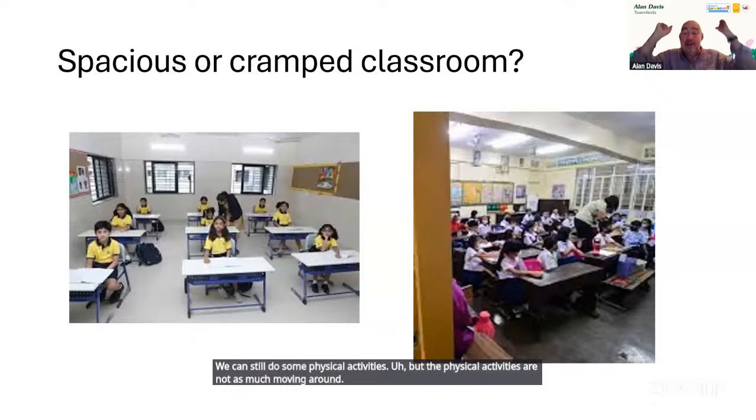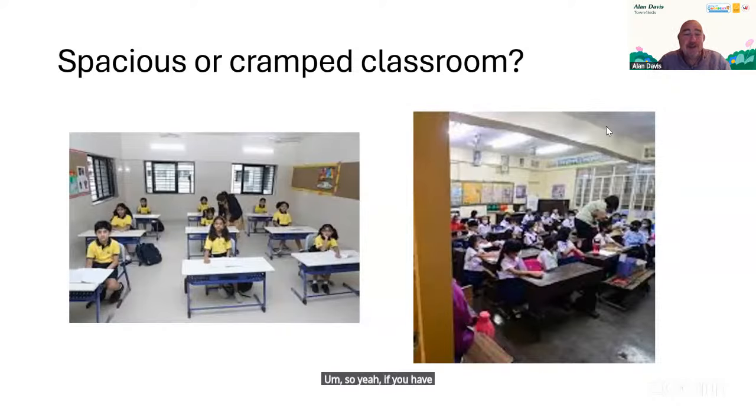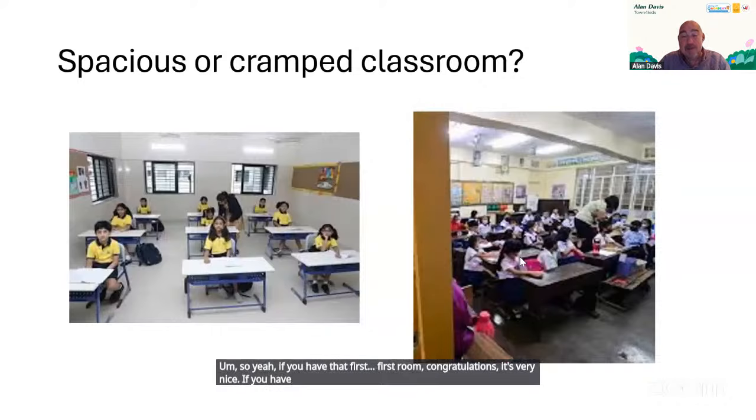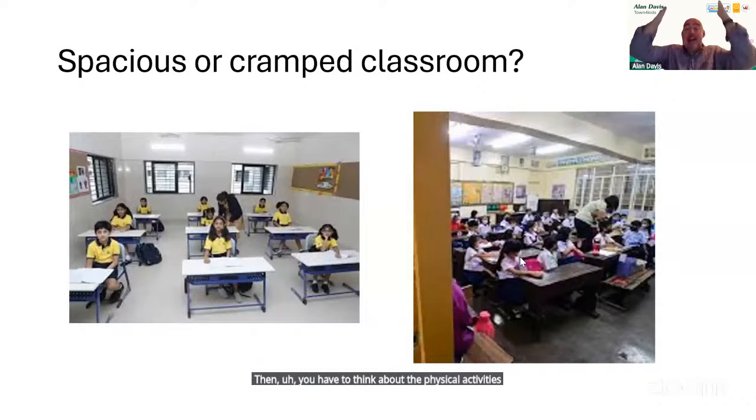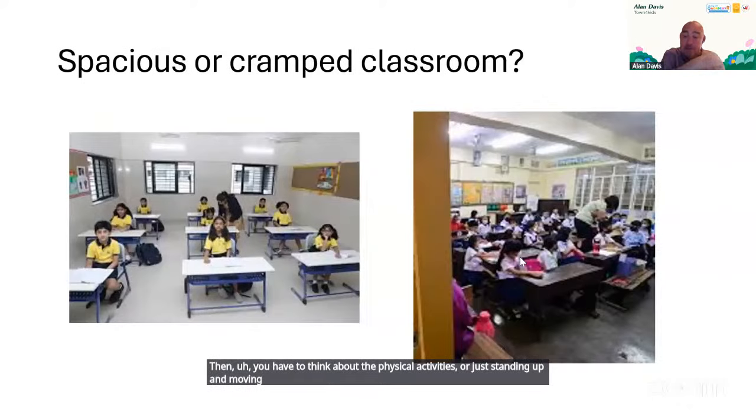We can still do activities at our desk. So if you have that first room, congratulations. If you have the second one, which is probably the majority of us, then the physical activities are just standing up and moving our bodies, not moving around the classroom so much.